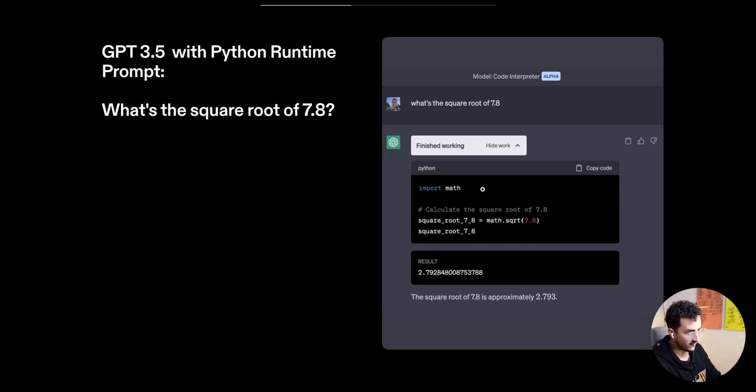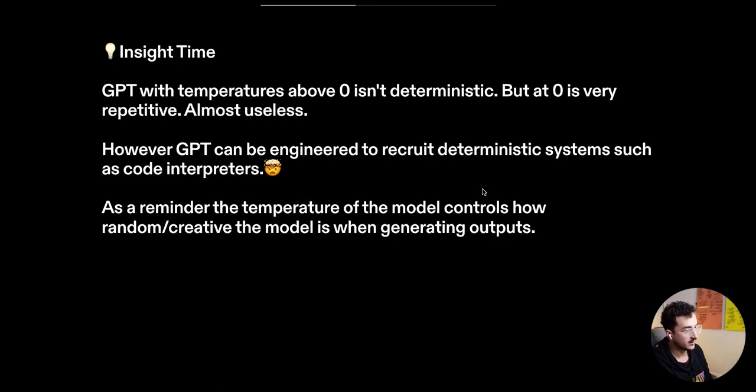the perfect answer or the perfect result, because now it used something that was capable of giving me the exact answer to that. So here's a great insight, right? This thing, at temperature zero, we can call it deterministic, right?